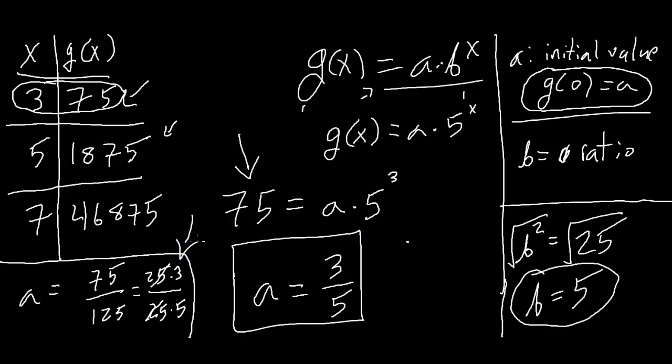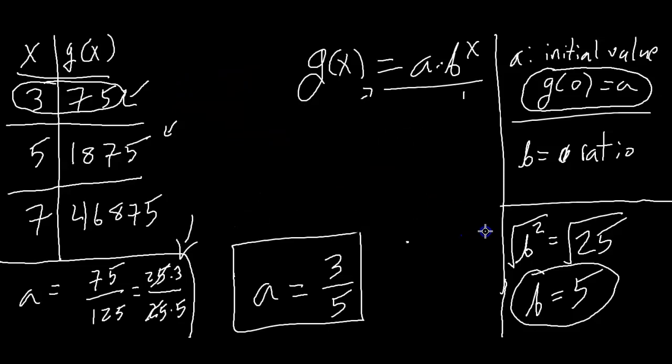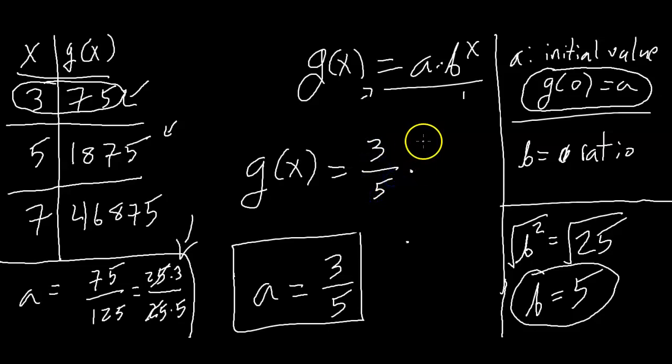So we've got b and we've got a now, right? A equals 3 over 5 and b equals positive 5. So finally, we can make some room to write out this function. And it is g of x equals 3 over 5 times 5 to the x power.